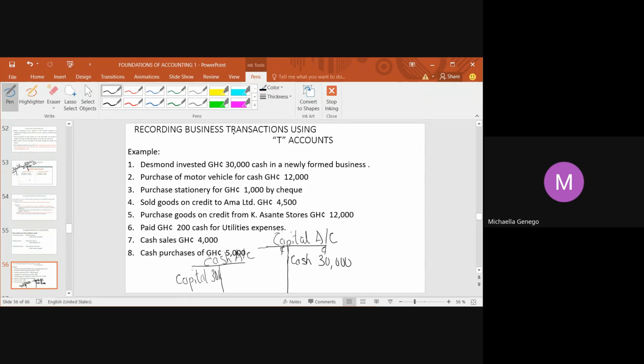So the next one, what are we having? Someone should just give it to us. Purchase of what? Motor vehicle for cash. So what account are we having? Madam, purchases account. Who is thinking of a different thing?